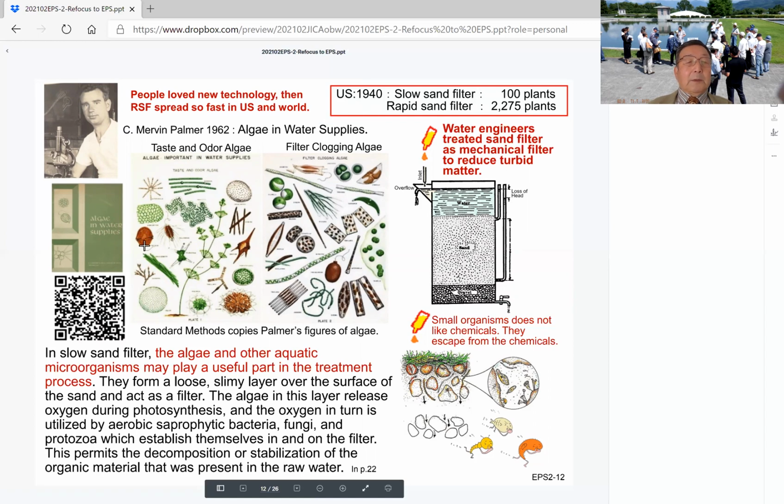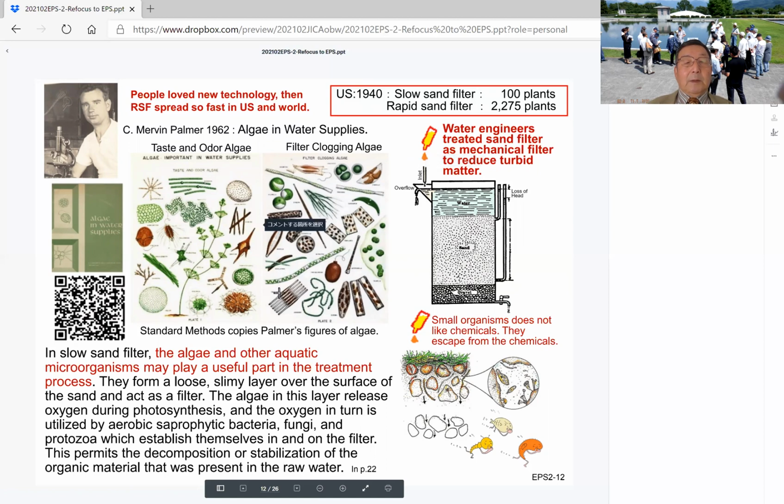In that case, trouble usually happens, such as taste and odor problems by algae or filter clogging by algae, because they treated with chemicals.